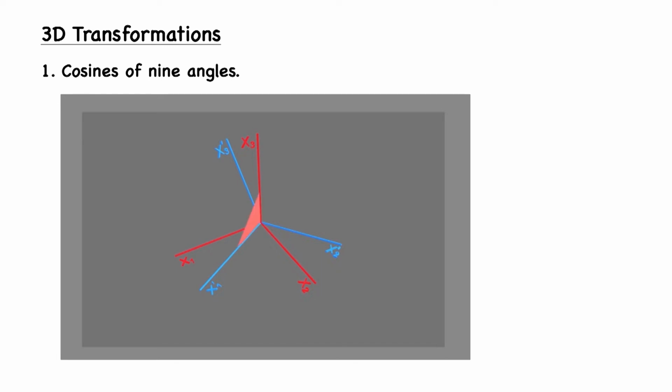Moving now to x-2, we'll have the angle between x-2 and x1, between x-2 and x2, and between x-2 and x3. Finally, for x-3, we'll have the angle between x-3 and x1, between x-3 and x2, and between x-3 and, of course, x3.